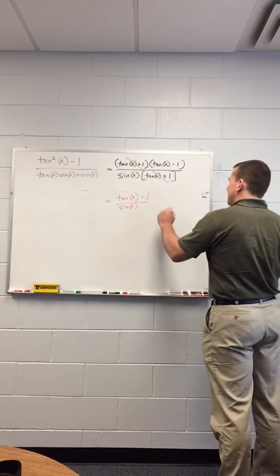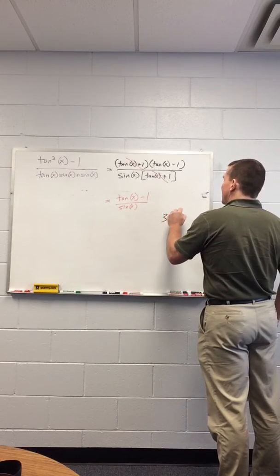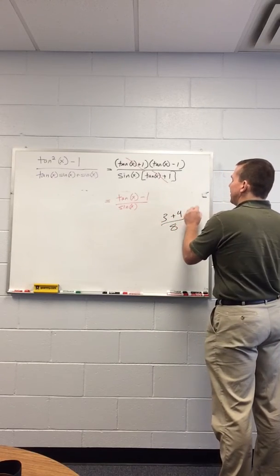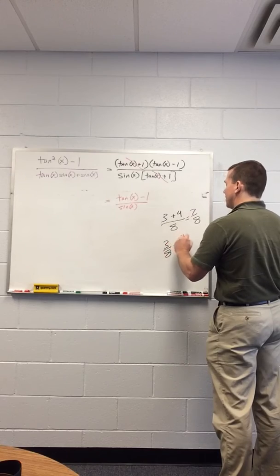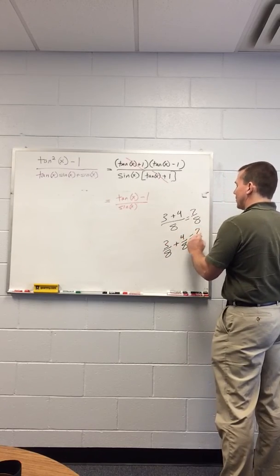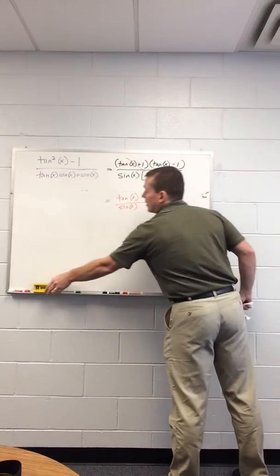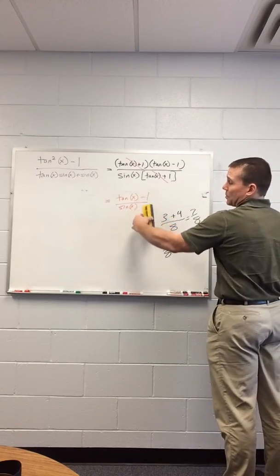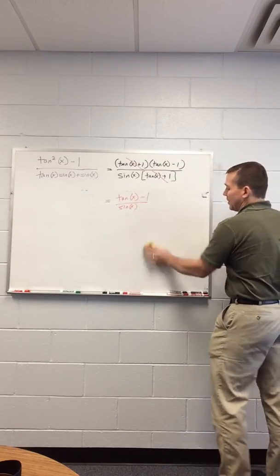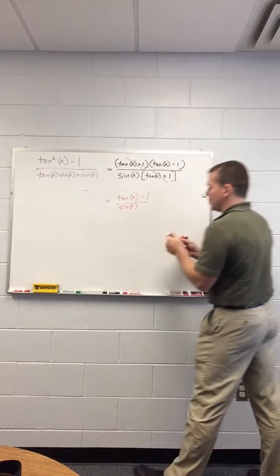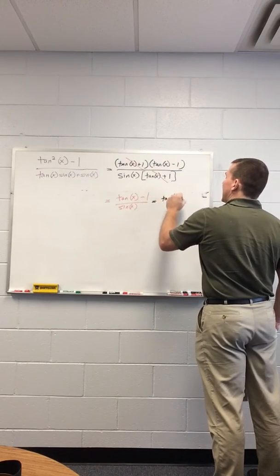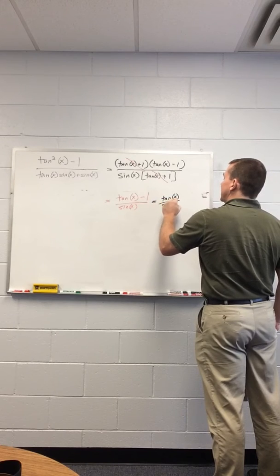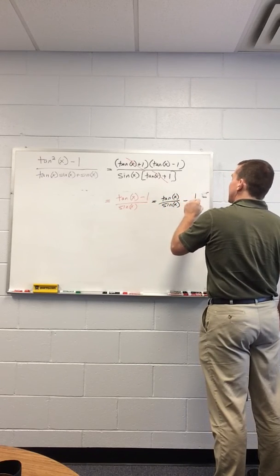In the same way that 3 plus 4 over 8 is 7/8, I can write that as 3/8 plus 4/8, which is still 7 over 8. Same idea here. I have two terms on top, one term on bottom. So maybe to make it simpler, I'm going to break it up as two terms. So I'm going to get tan x over sine x minus 1 over sine x.